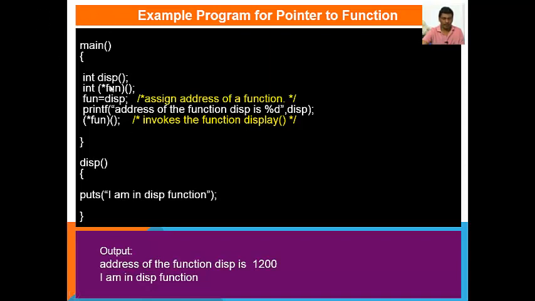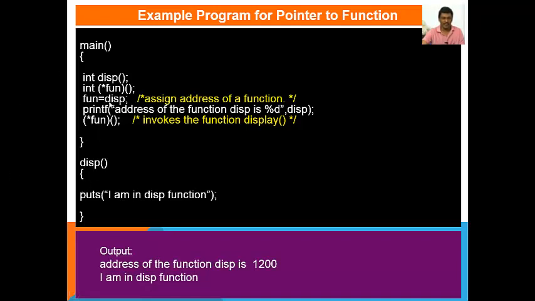If we put disp followed by parentheses, it calls the function and then returns some value. If you put parentheses, it is a function call. If you remove the parentheses, it returns the address of that function. If you want to get the address of a function, we just put the function name without parentheses.